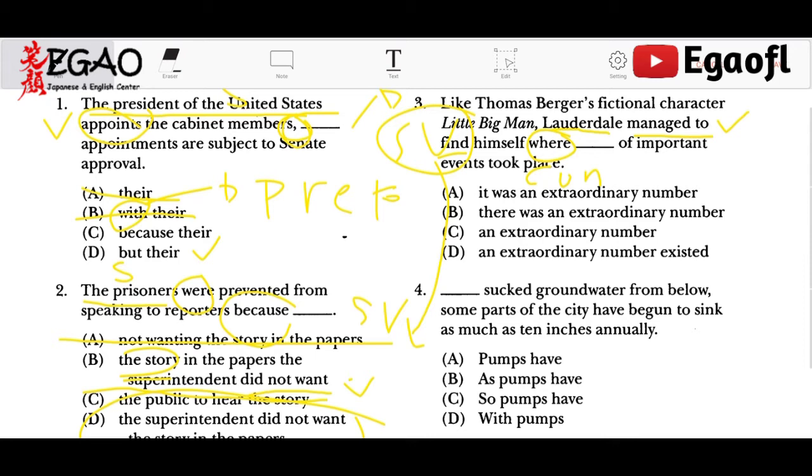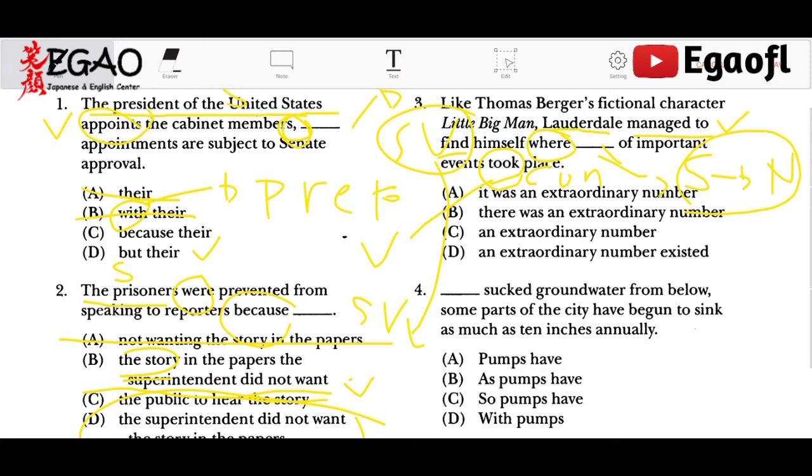Okay, so in this space it is possible to use subject and also verb, but let's check after the space. "Of important event took place." Okay, there is a verb also. Here the verb is "took place," so that means this space only needs the subject. The subject here can be a noun, so please find a subject in the form of a noun.